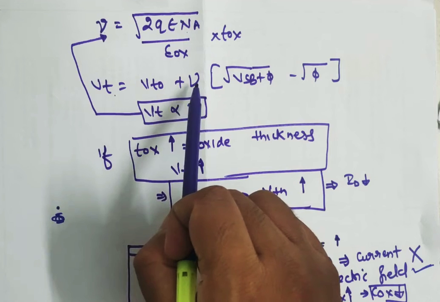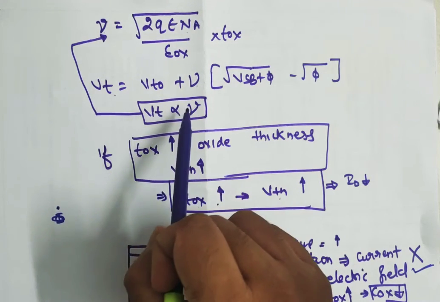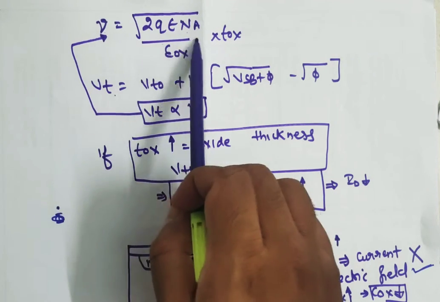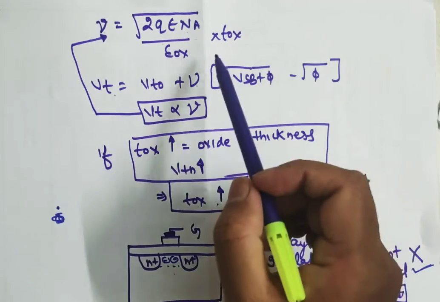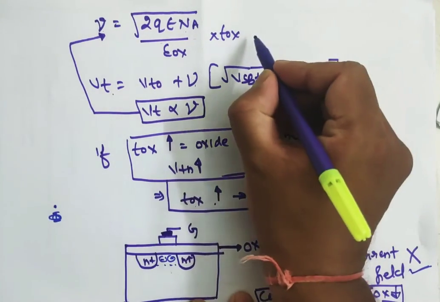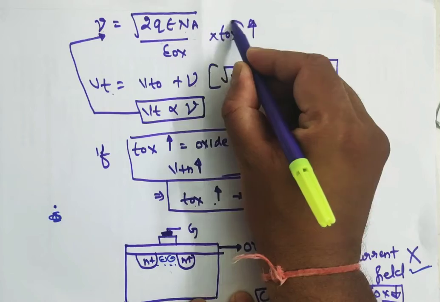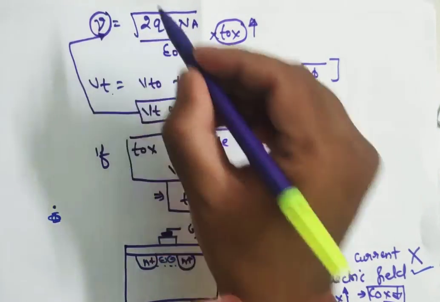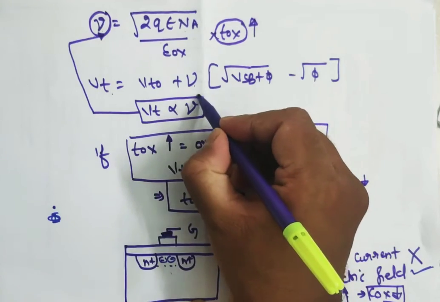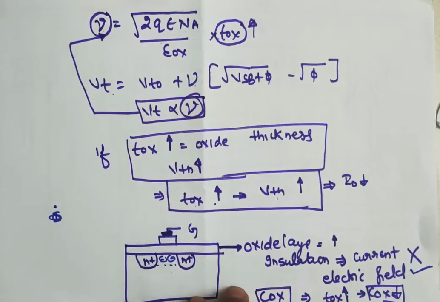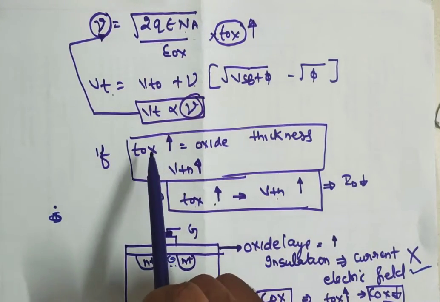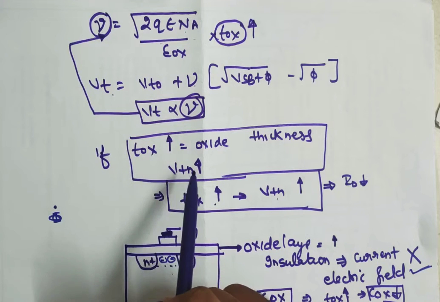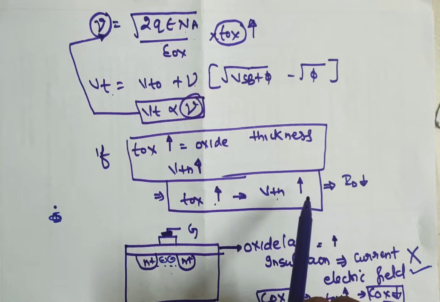Vt is directly proportional to gamma, and the gamma equation is given here. So if the oxide thickness is increasing, your gamma will increase. If gamma increases, your Vt will increase, correct? So if oxide thickness is increasing, your Vth will increase. This is one thing you can note down.